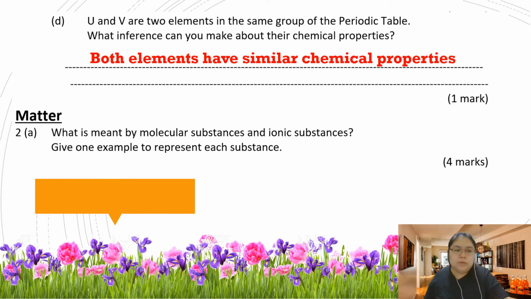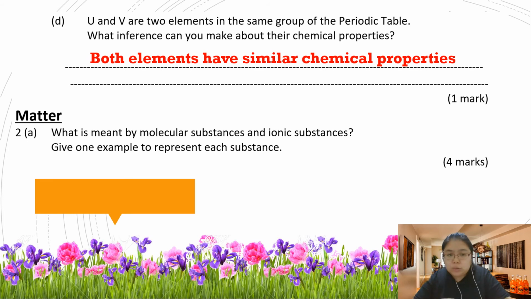Okay, question 2. What is meant by molecular substances and ionic substances? Give one example to represent each substance. So 4 marks. First, you explain what a molecular substance is, second, ionic substances, then you give one example for molecular substances and one example for ionic substances. What does molecule mean? A molecule must be combined, is it?